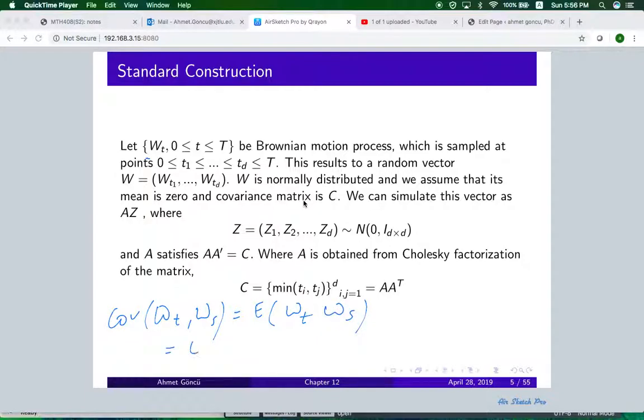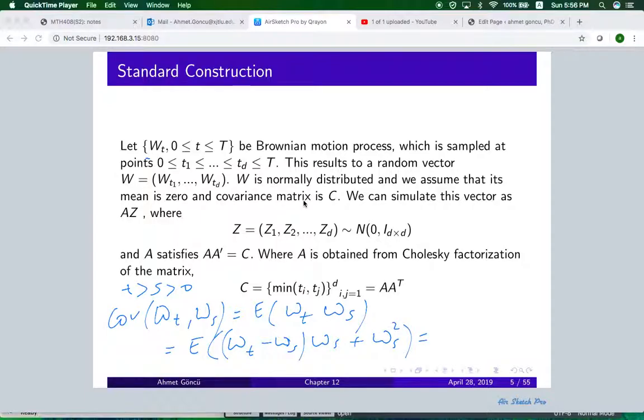But also notice that, assuming that t is greater than s and greater than 0, we can add and subtract this. Sorry, this is t, this is s. So we can write this as the first term plus this square.